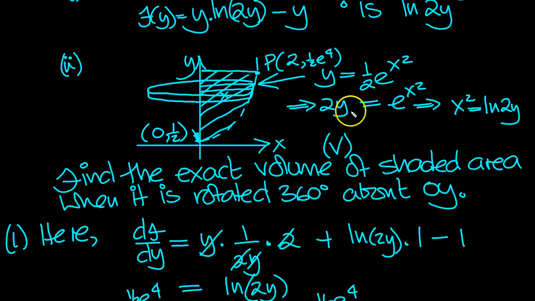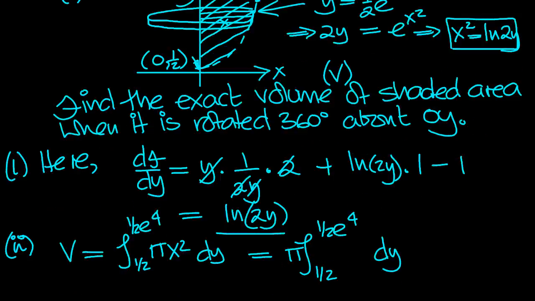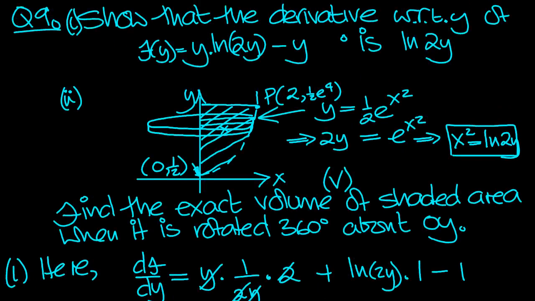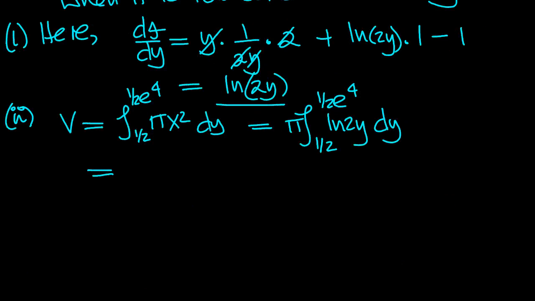So you visualize it like the e swinging underneath, dropping the x squared to ground level, and it's log of 2y. So that's what we're going to use then. X squared is log 2y, so this is log 2y. We've already worked out the integral there because we did it in part 1, didn't we? This differentiates to this, so the integral of this is this, y log 2y minus y.